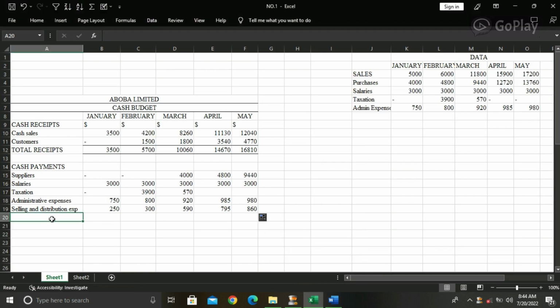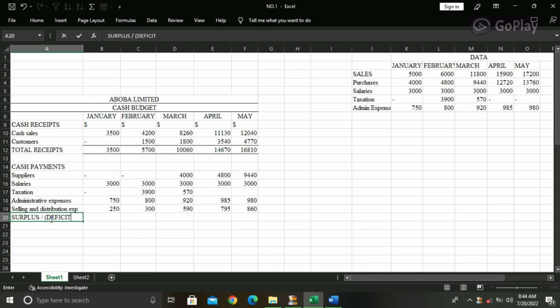Now, after we are done with our cash payment, what we have to do is to get the difference between the payment and the receipt. That is what will give us either surplus or, in brackets, deficit.